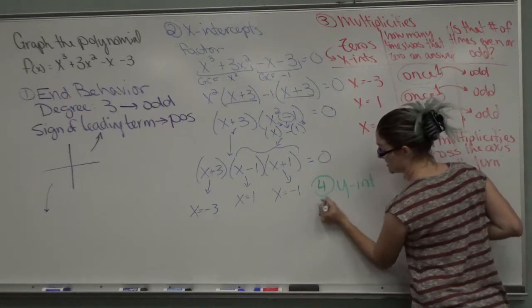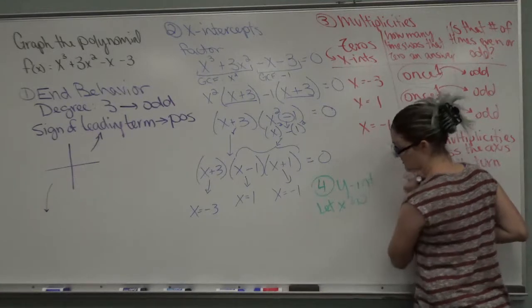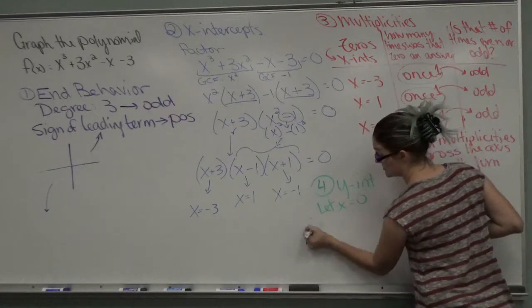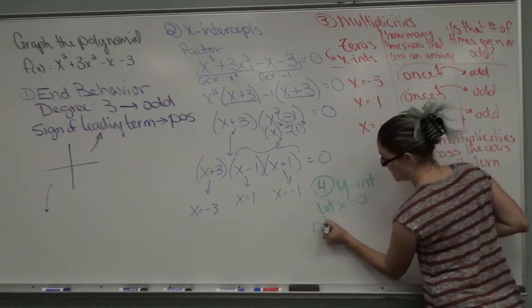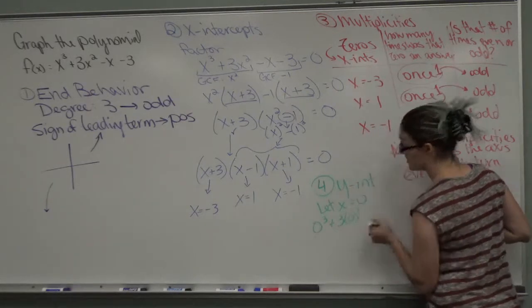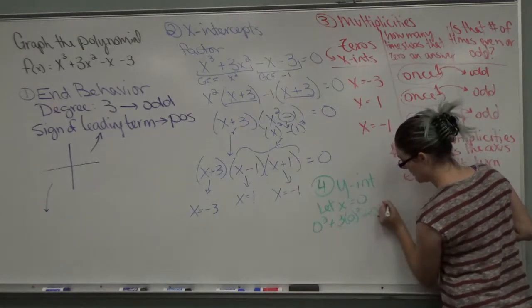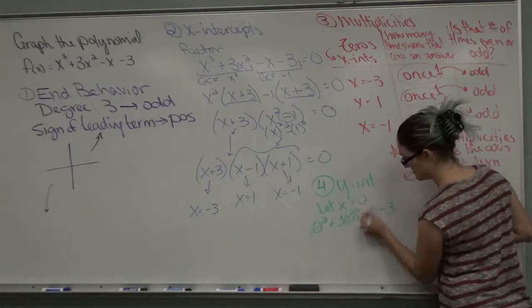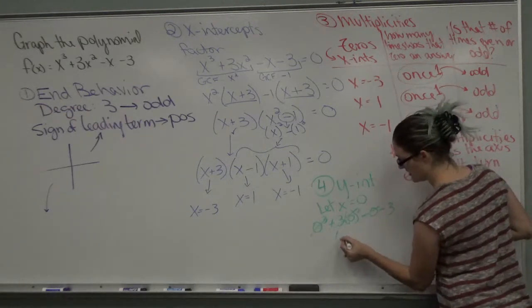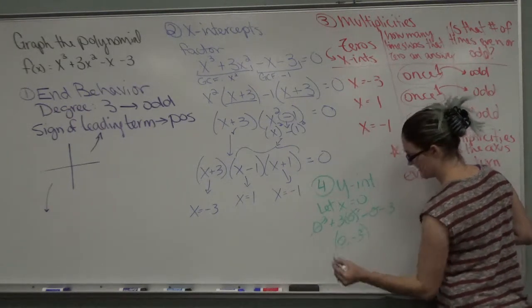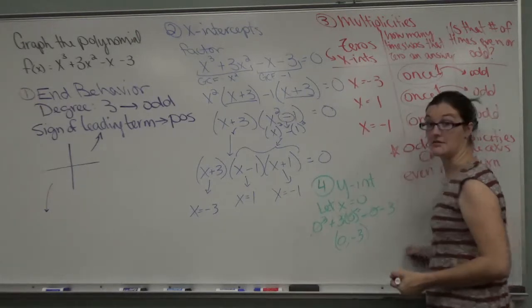That's where you let x equal 0. So 0 cubed plus 3 times 0 squared minus 0 minus 3. 0, 0, 0, -3. X is 0, y is -3.